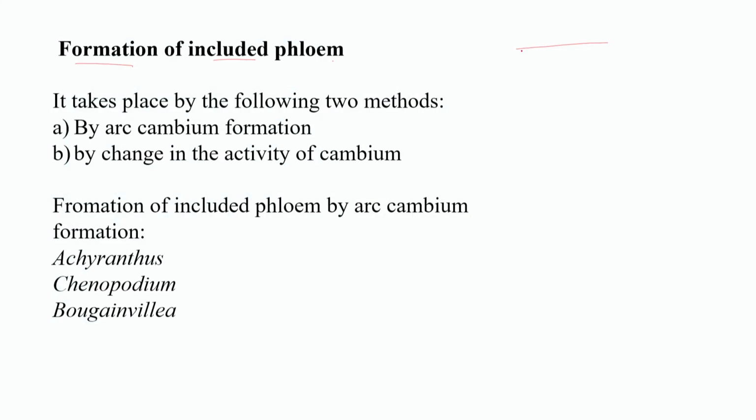Like this, cambium is forming secondary xylem, and it is forming secondary phloem on the outer side. So if some patch of secondary phloem is also found in this xylem, it is also known as included phloem.